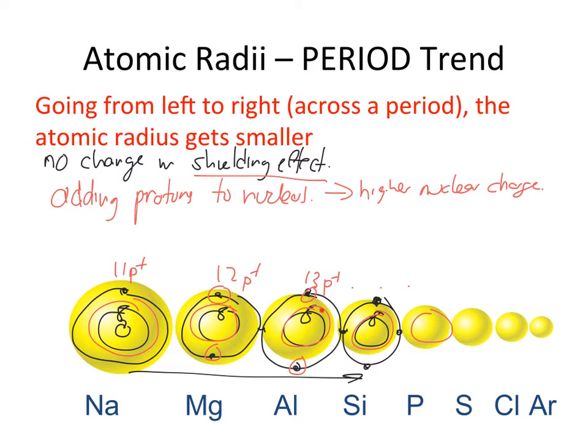Remember, shielding stays the same. So that means that the effective nuclear charge that these outer electrons feel is going to be greater as we go on. Because the shielding stays the same, the only thing is that the inside positive item, the nucleus, is getting more and more positive. So it's going to pull these electrons in and have a smaller radius as we go to the right.